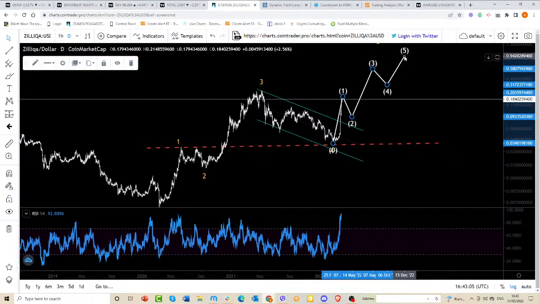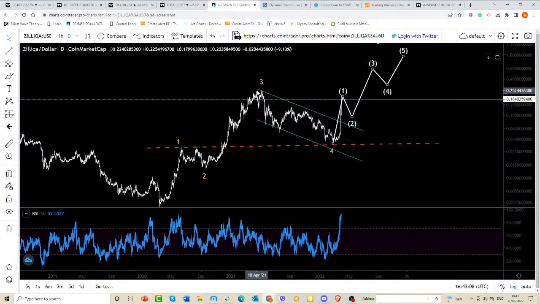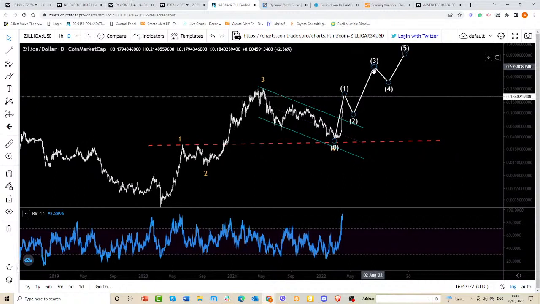This is clearly a nice breakout in 5 waves. So far, the move down is in 3 waves, as you can see, and this is actually 80% probability that after a pullback, Zilliqa will continue further on the upside, looking at this wave structure.